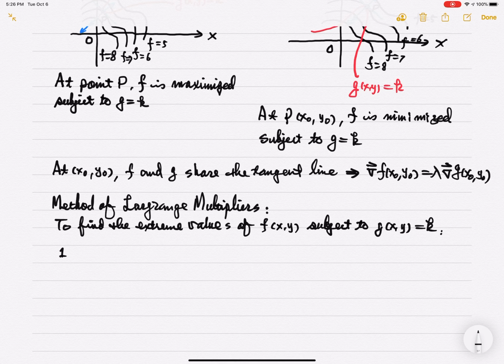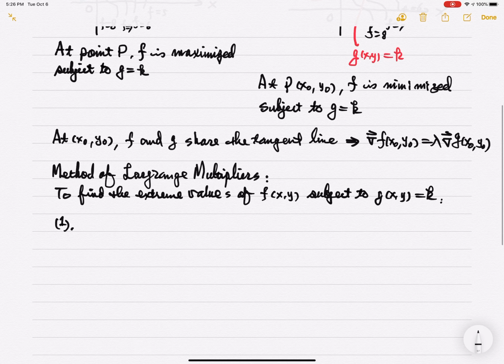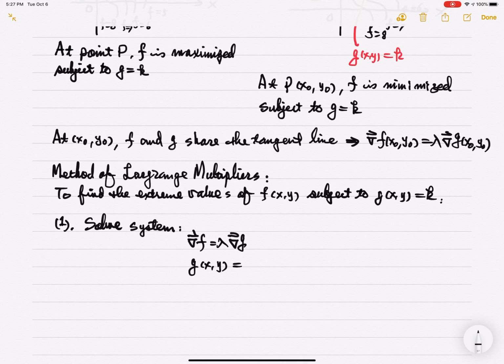First step, solve a system. The first set of equations is gradient vector of f equal to lambda times gradient vector of g, and g of x, y equal to k.